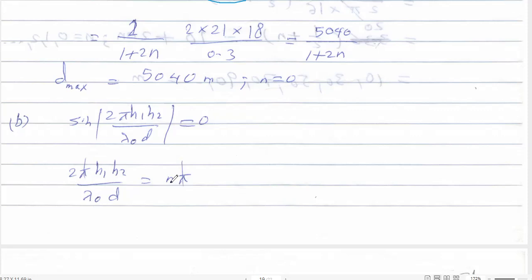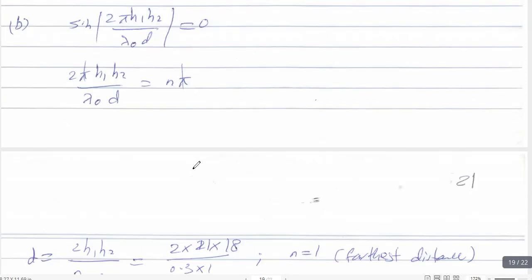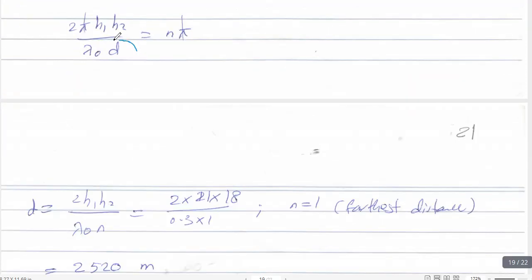Sine n pi is equal to 0. Cancel pi with pi, and d, if you take it to this side, if you interchange d and n, d is equal to h1 h2 over lambda naught n.